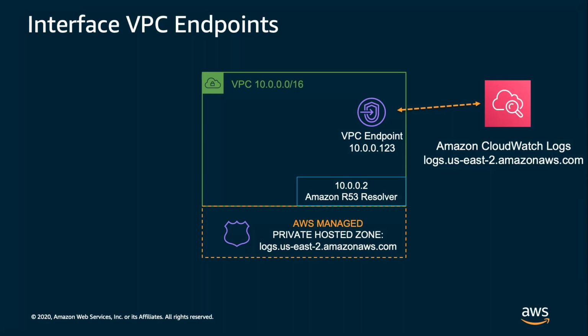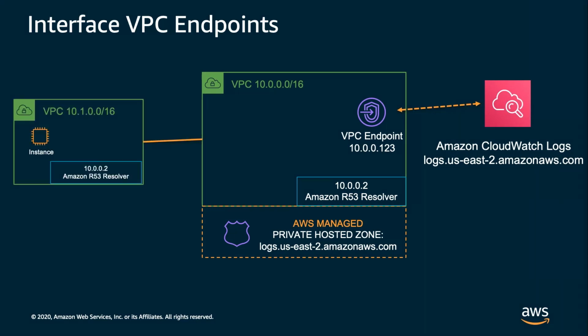We can also extend these interface VPC endpoints to on-premises environments and to additional VPCs as well. So if we take our example before and add an additional VPC here, we can then create a customer-managed private hosted zone. We'd create a new hosted zone on that VPC, and then we can create what's called an alias record that points to that VPC endpoint.